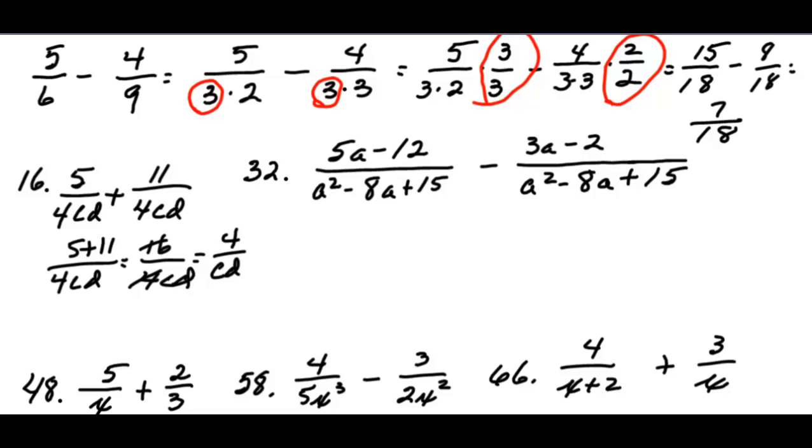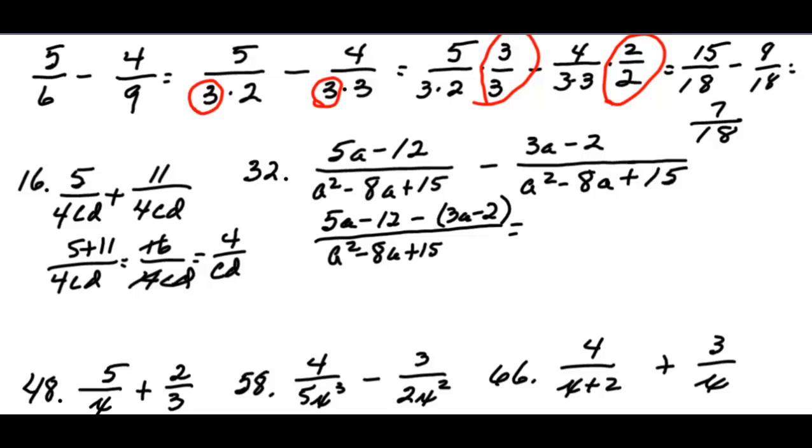In our second one, number 32, we still have a common denominator, a squared minus 8a plus 15. So we don't have to rationalize anything like we did in our example. All we need to do is take our numerator, 5a minus 12, minus the quantity 3a minus 2. Notice I put that in parentheses, and that's over our common denominator, a squared minus 8a plus 15.